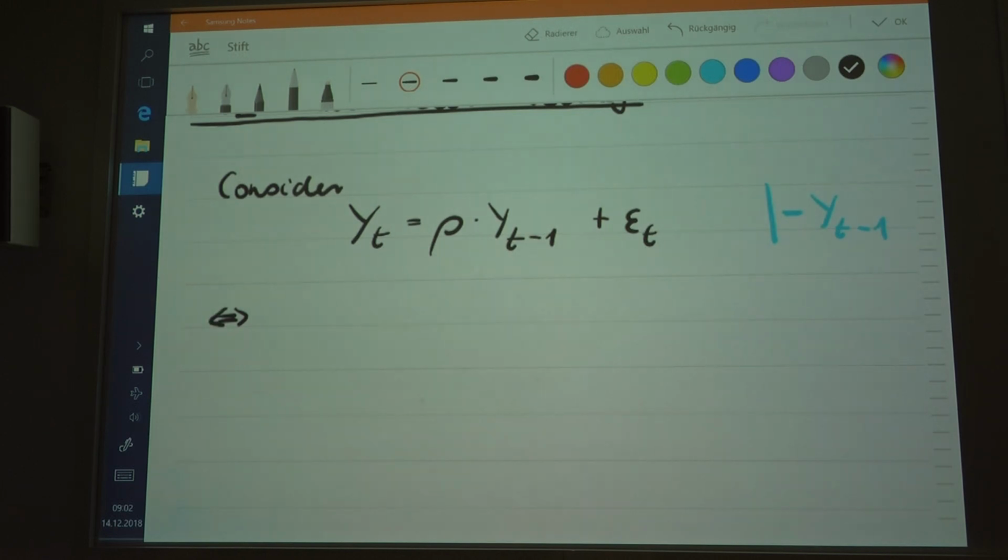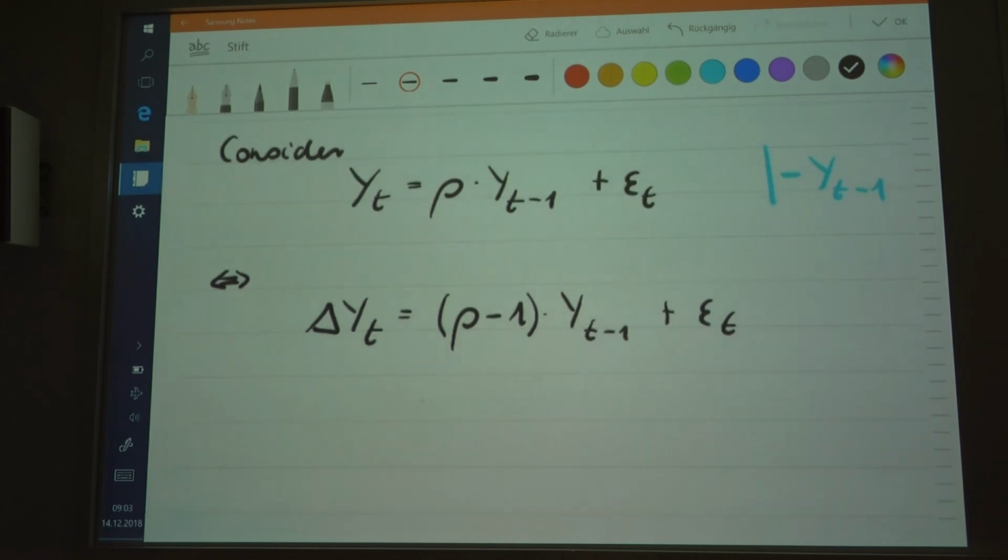What you get is delta yt on the left-hand side of the equation. On the right-hand side you get rho times yt minus 1 minus yt minus 1. If you factorize yt minus 1, you get rho minus 1 times yt minus 1 plus the noise. Let's say this constant is equal to phi.